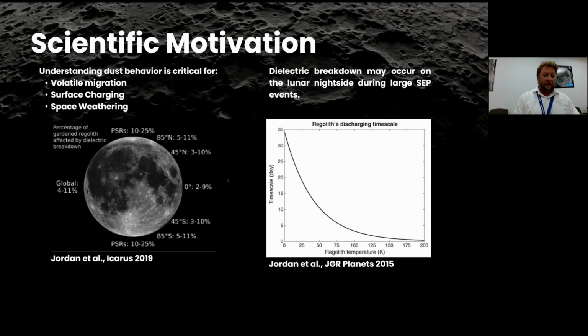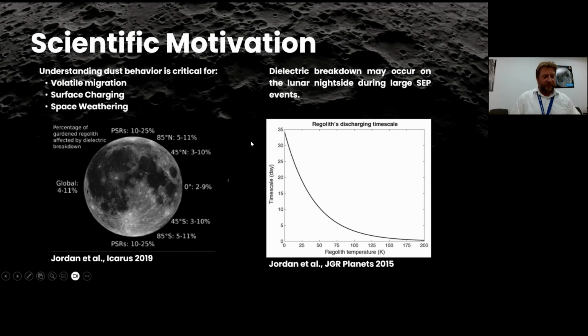You can see from the plot on the right the discharge time scale as a function of temperature, and in a matter of days, the regolith could charge up and would not dissipate this charge.